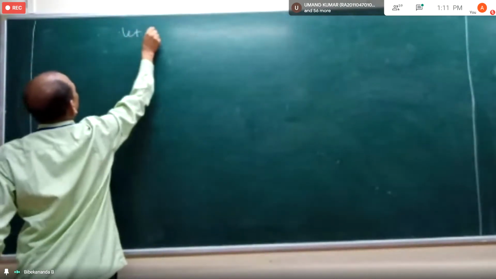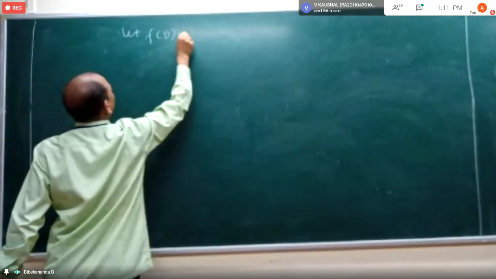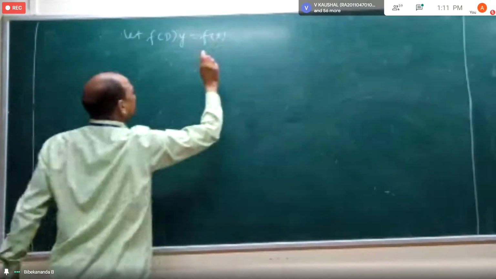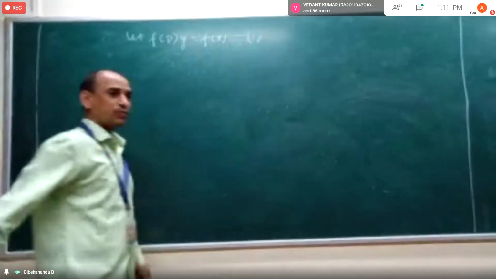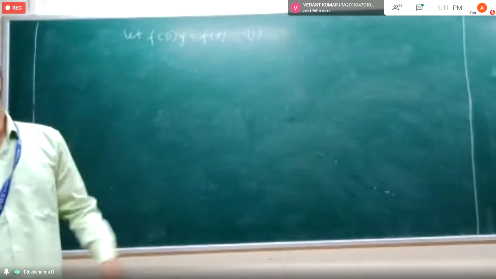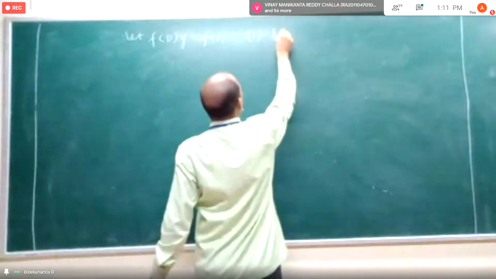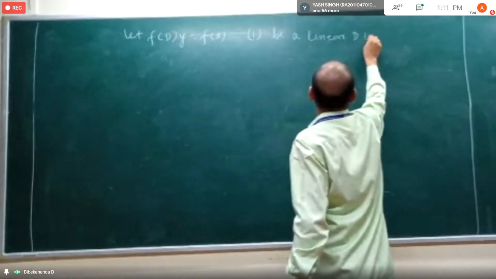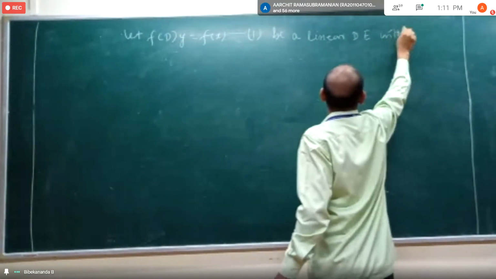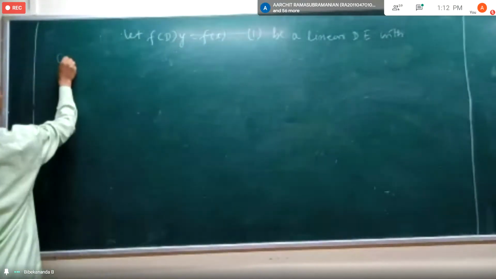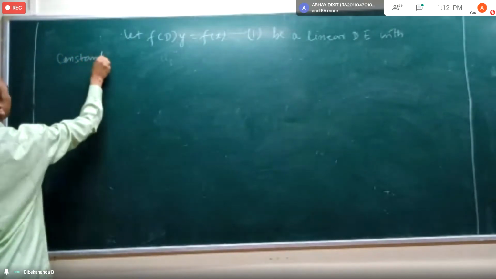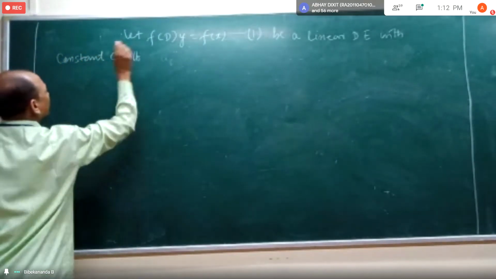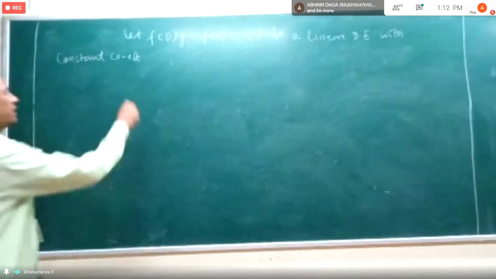So we will start with how to find the PI and the CF. Let f of d of y equal to f of x, equation 1, be a linear differential equation with constant coefficients.